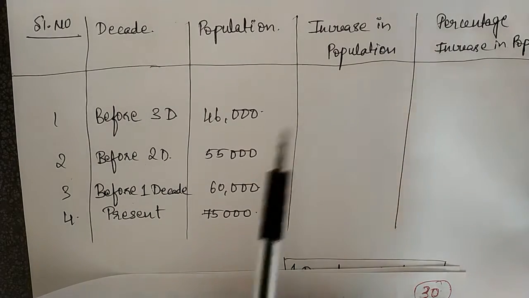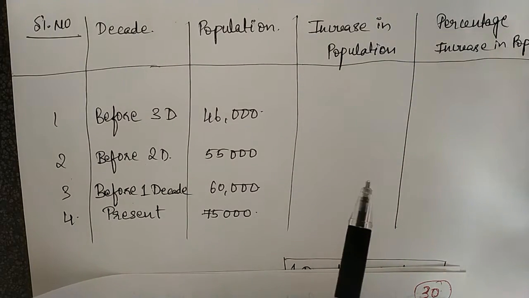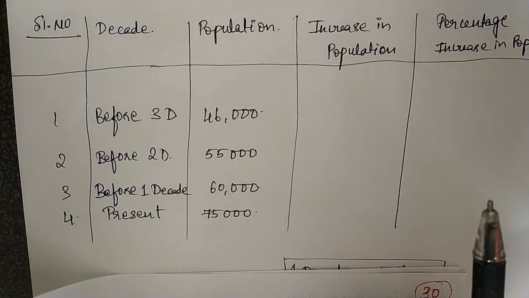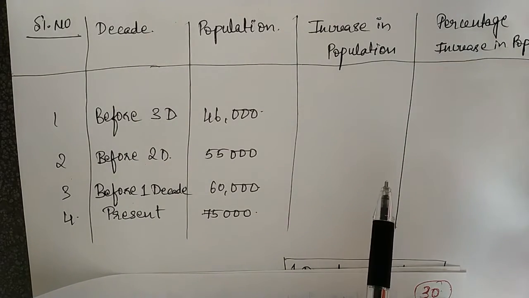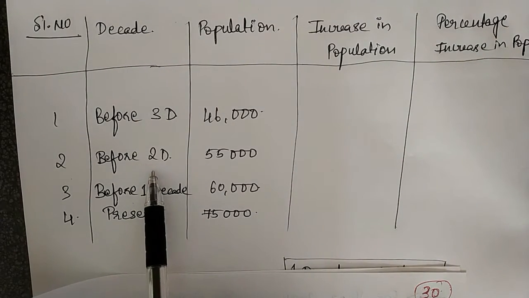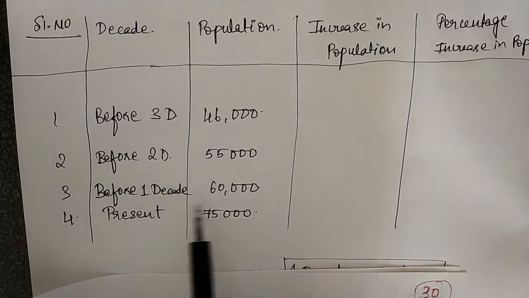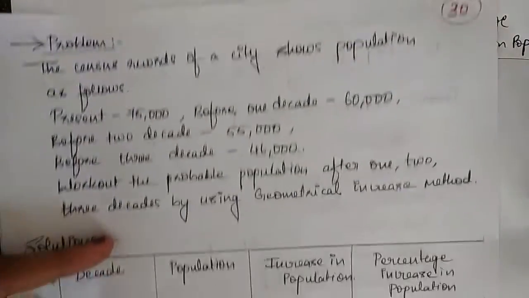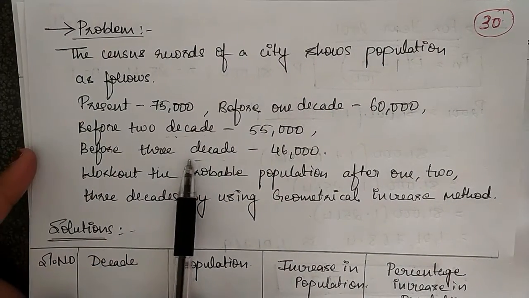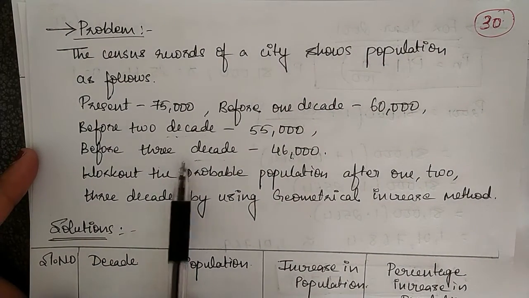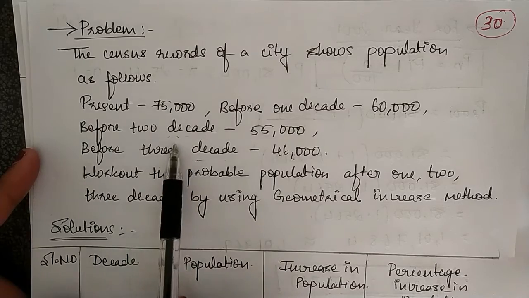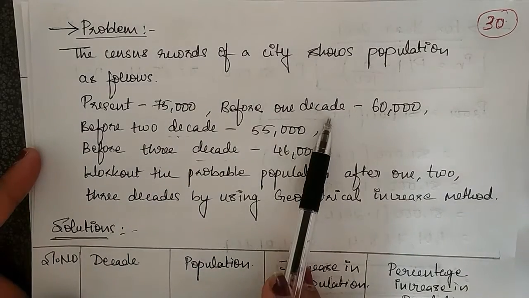Further solving is the same as we have done with the previous problems, whether it is arithmetical method or geometrical method. But first you need to prepare this table, then only you can go with the further solving. And for preparing this table, sometimes the question can be given in this format also, where directly the table is not given, it is given in terms of decades.